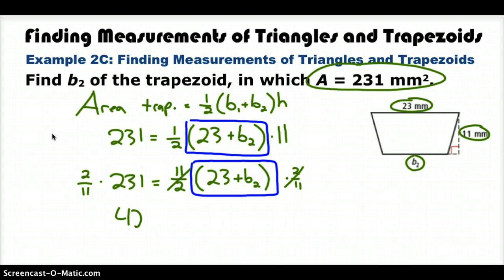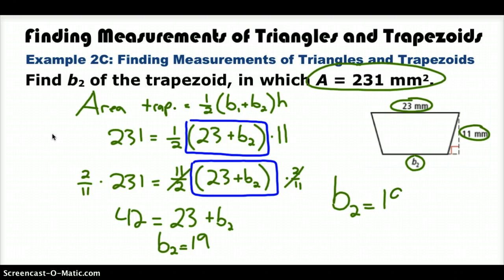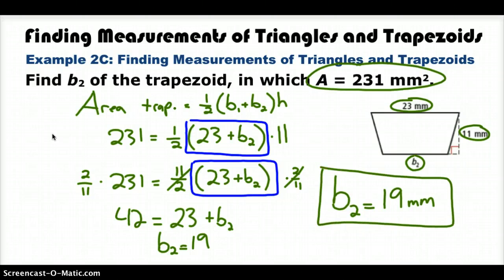So 42 equals, now that I have this part alone, I can write it without the parentheses, 23 plus the base 2. Since 23 is being added, I'll subtract 23 from each side to get base 2 equal to 19, and it's going to be millimeters, because we're talking about millimeters.